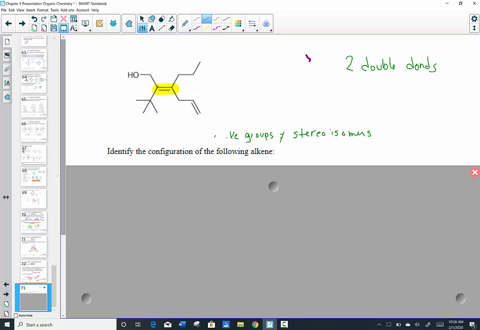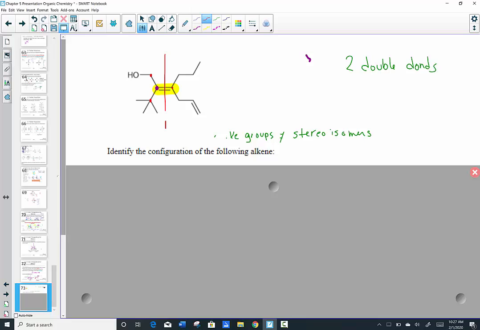However, we can look at these two carbons, and that's what I want to do first. I'm going to look at the attachments on either side of the double bond. Let's examine what I'll highlight in purple first. Let's do this guy. So here I have a carbon. Here I have a carbon. So I need to identify a point of difference.